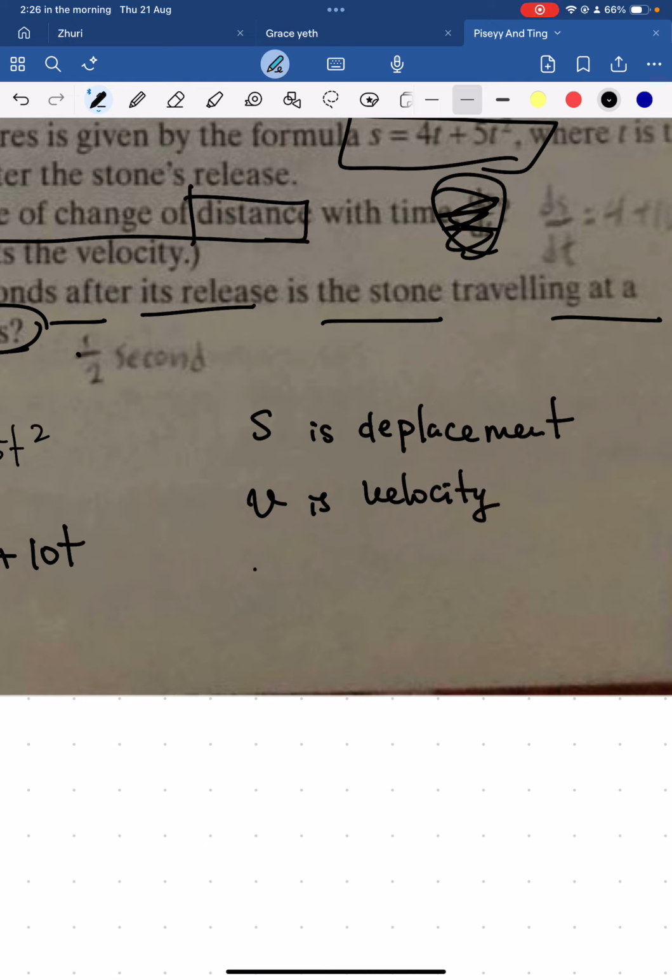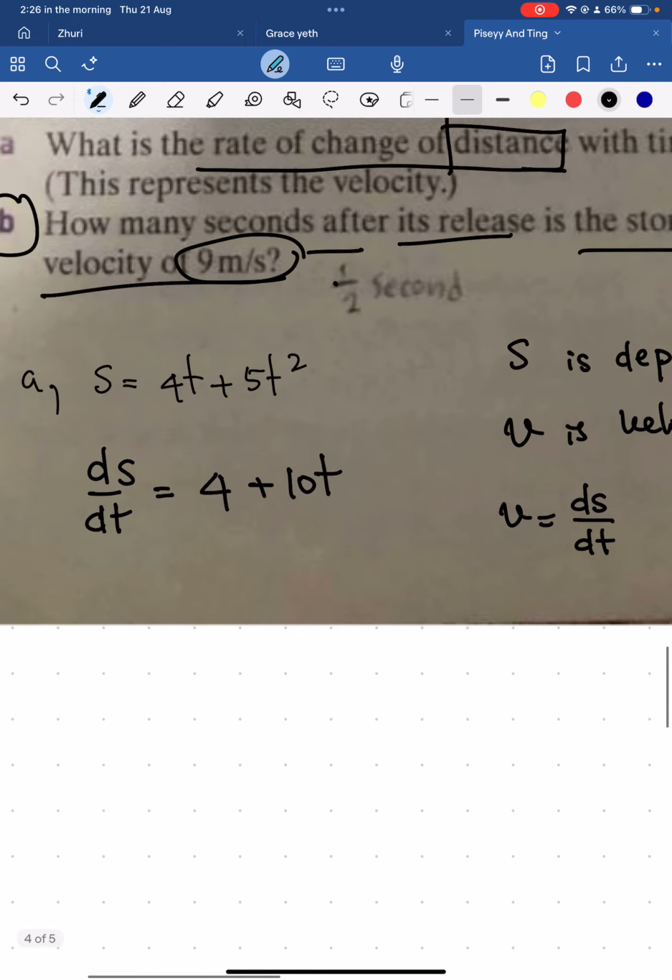So let me tell you, v equals ds over dt. That's it, it's the derivative of s. So what we got here, we can call rate of change of distance and also velocity.